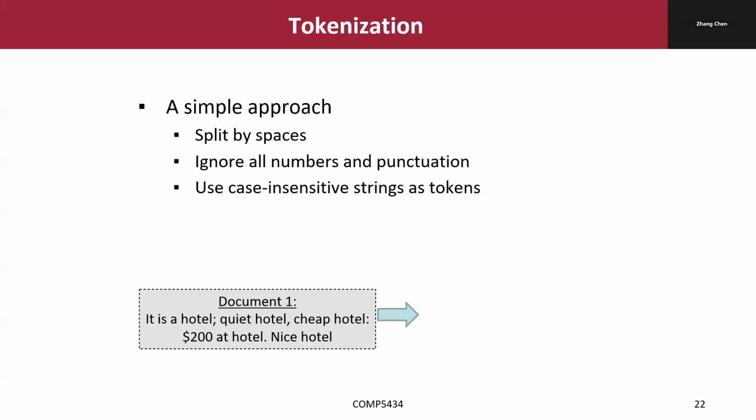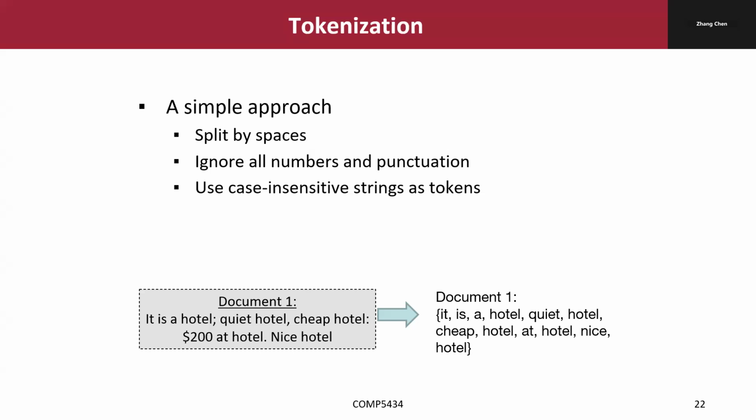This is actually an advantage for English, right? Because in Chinese, we do not have spaces in a sentence, but in English, we have spaces between the words. So each word or segment separated by a space is treated as an individual unit, which is what we call a token in this case, okay? Then we ignore all the numbers and the punctuation. This simplification will help us get the essential words.